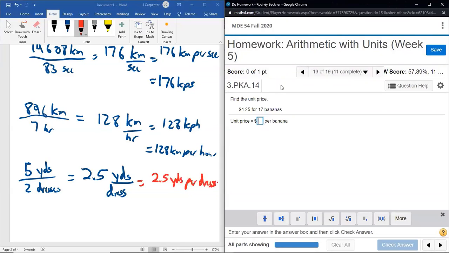Find the unit price. This is the type of problem that I referred to in the lecture today when we were talking about grams of protein. This one is going to be a cost per banana. You might go, well, why isn't it grams? Well, we don't know how many grams we have in these bananas, and bananas are very inconsistent in weight, so you'd have to weigh them all individually and get a total weight.